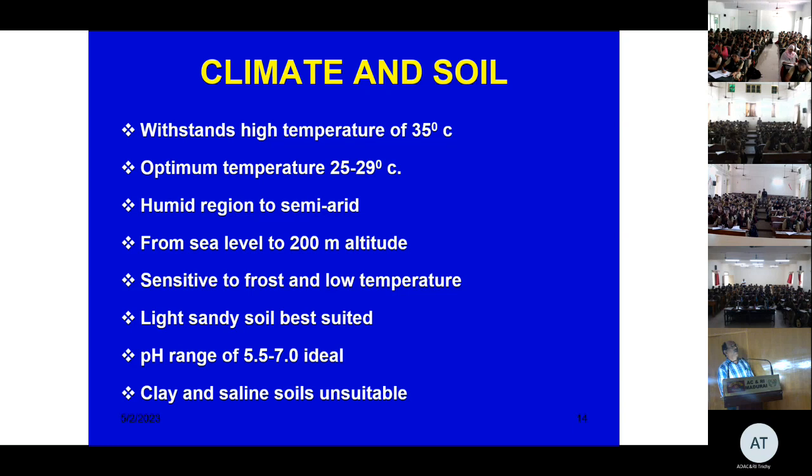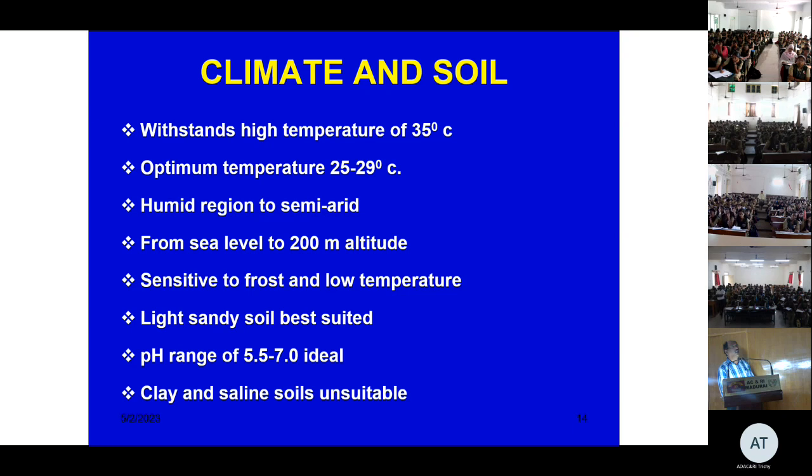From sea level up to 200 meters altitude is best for its growing, from humid regions to semi-arid regions. The tapioca crop is also sensitive to frost and low temperature. Regarding the soil, light sandy soil is best suited, with a pH range of 5.5 to 7, and clay and saline soils are unsuitable.